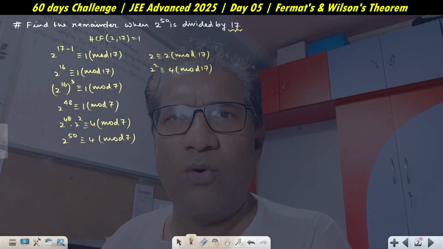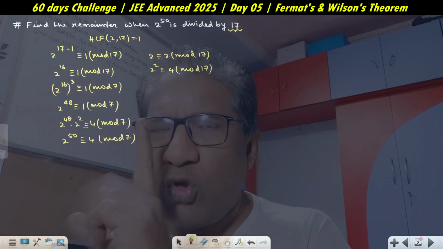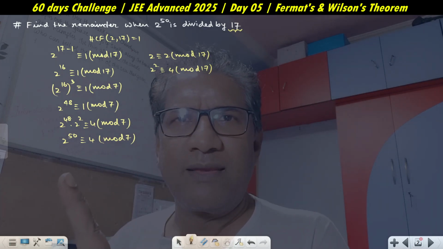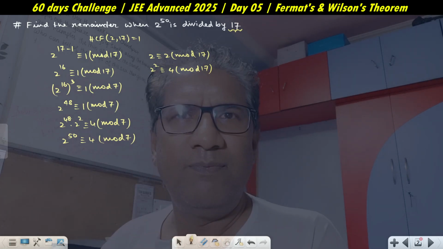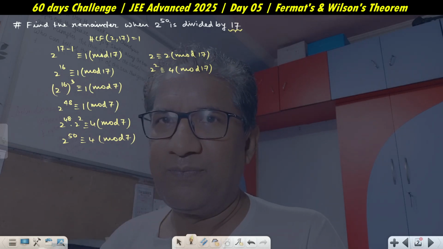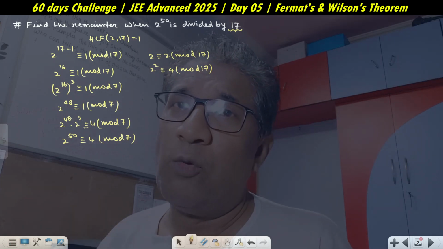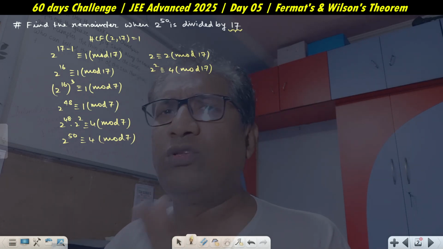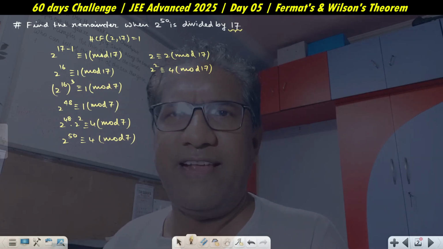But here, two conditions are there. Number one, p, that is the divisor, should be a prime, and the base and the divisor should be co-prime to each other. Only these two things we have to keep in mind to get the remainder 1 very quickly.